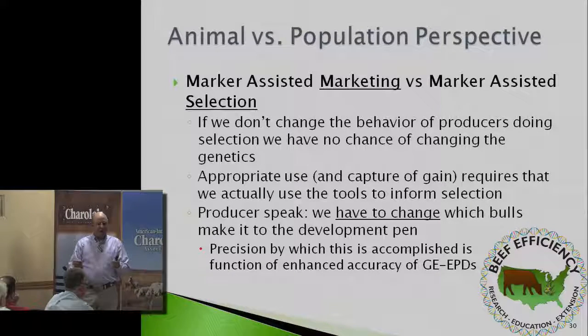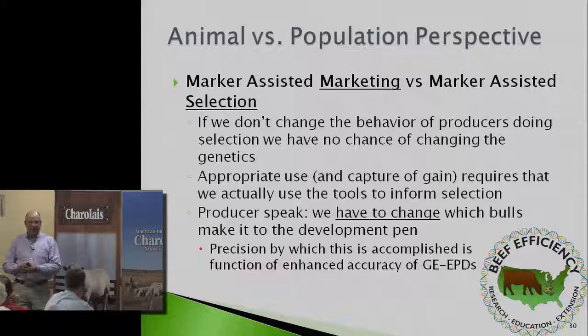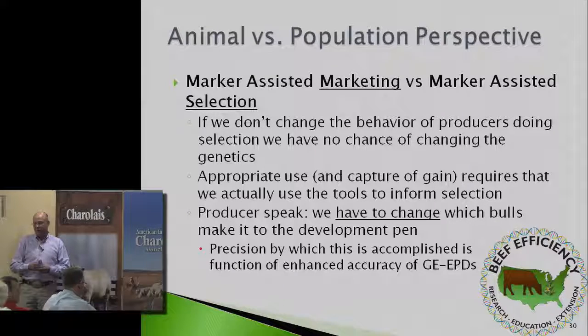But if we think about the Charolais breed making genetic improvement, using this technology to make genetic improvement means that you have to engage in marker-assisted selection. You have to be able to discover these new animals that have unique combinations of genes in a desirable format to make a gene flow change. You have to do that collectively. Okay? Step off my soapbox. With that, I'll stop and be glad to answer any questions.